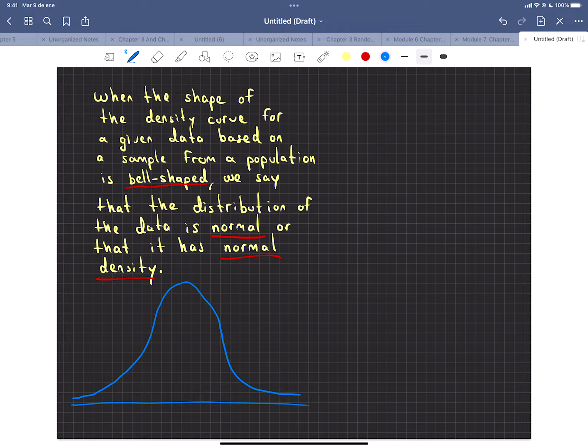I'm not going to include it here, but I will explain how to compute probabilities when we know that some data is normal. Many populations of numerical values in real life behave in this way, like a normal distribution. But why?